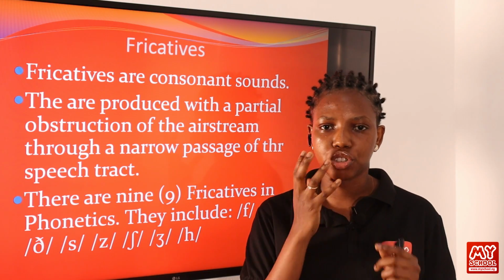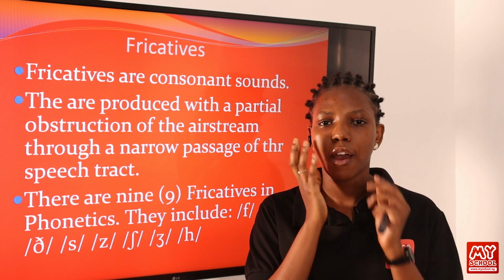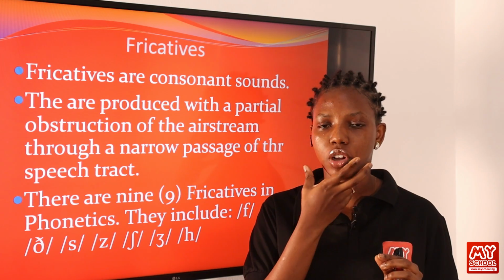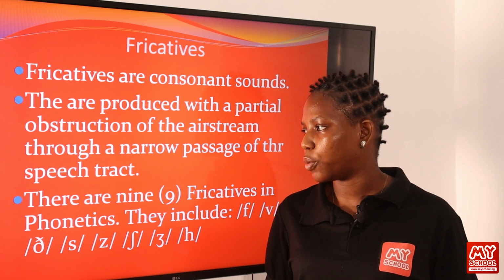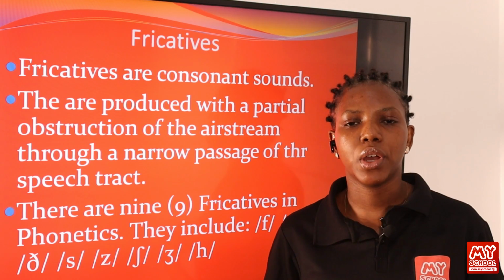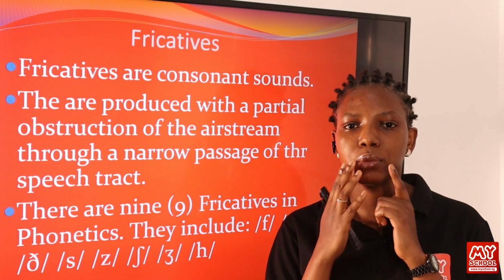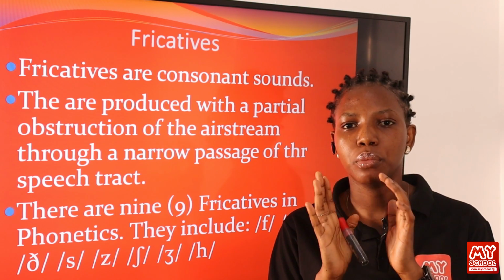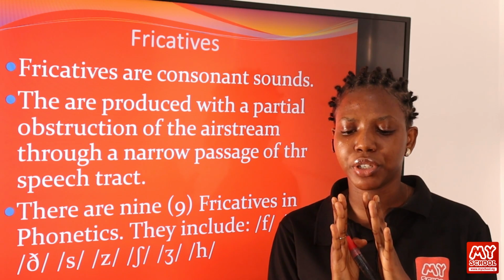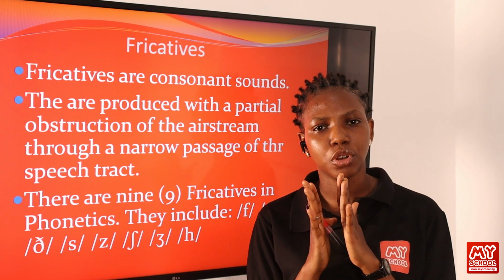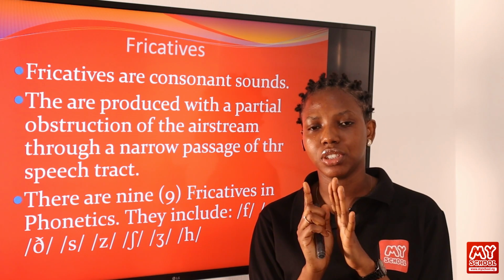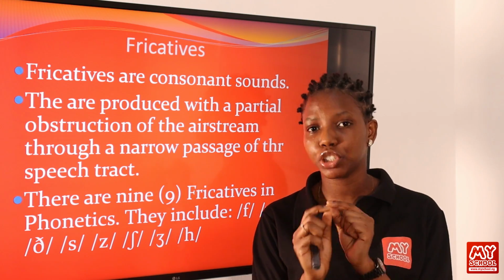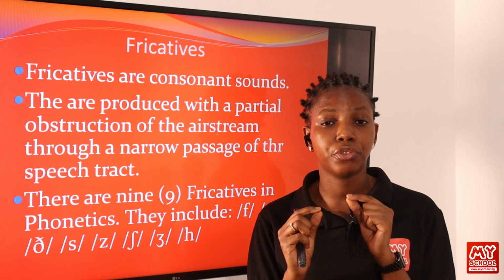When we talk about the speech tract, we're talking about the articulators, the speech organs found in this region. What this means is that when the lungs release the air, it comes here and the articulators meet, but then it creates a very small narrow opening so that air will pass through it, and because air passes through the small narrow passage, it creates friction, and that's why we call it fricative.